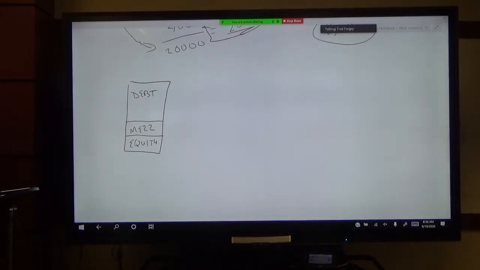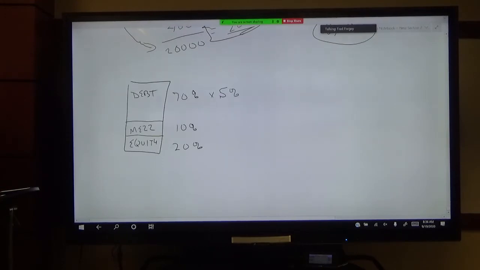Now, normally, in this case, this might be, I don't know, let's say our debt goes down to 70%. Our equity stays at, let's say, 20%, and that leaves 10% for mezz financing, which we're going to explain in a second. But normally, let's say our debt stays constant at 5% cost, all right?